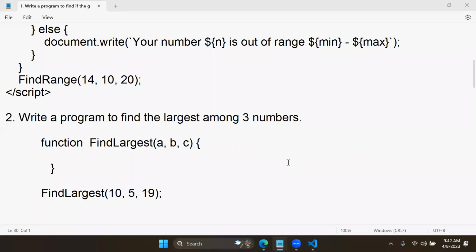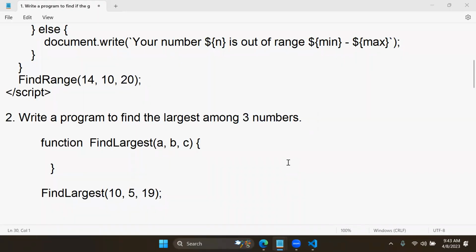Okay, so these are Bhaskar Rao, Manikanta, and Asif. Actually, the first point is you are comparing A with B, and you are comparing A with C, and A is greater than B, and A is greater than C. Then which one is greater?